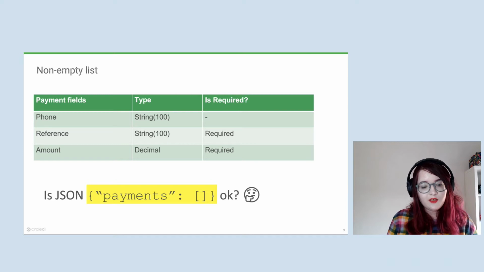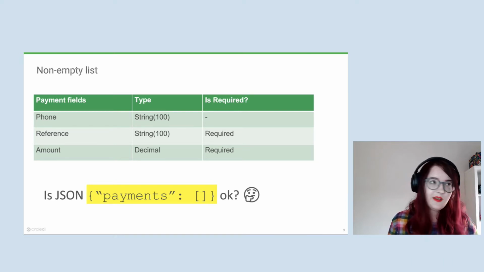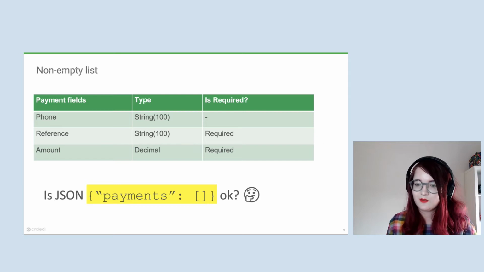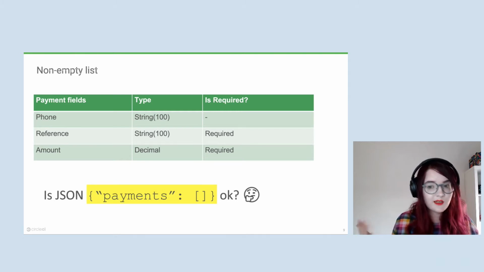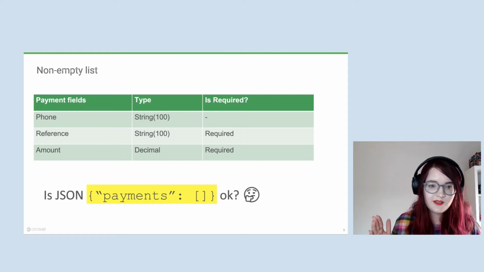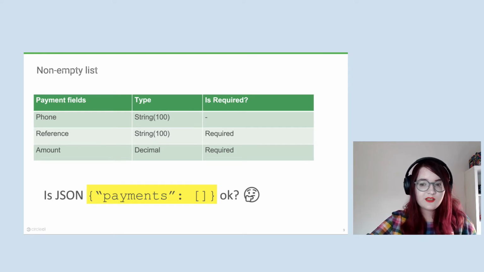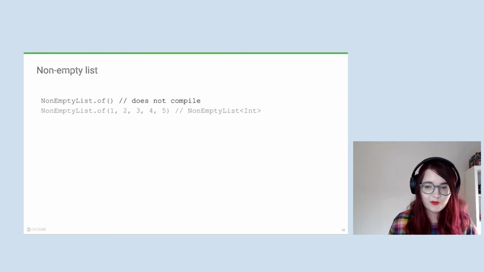The answer is, from the software engineering standpoint, typically it is. An empty list of payments is a list of payments, sure, why not? But sometimes it just doesn't make sense. For example, we are guaranteeing that payments are always there. So we can restrict our domain model, for example, using NonEmptyList.